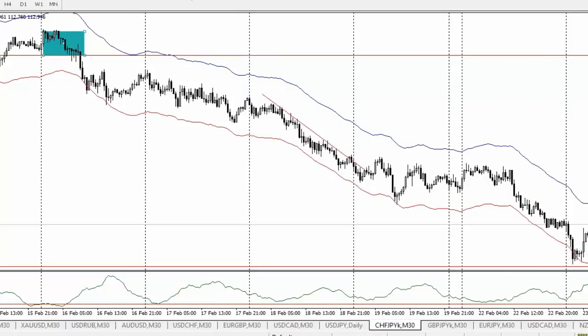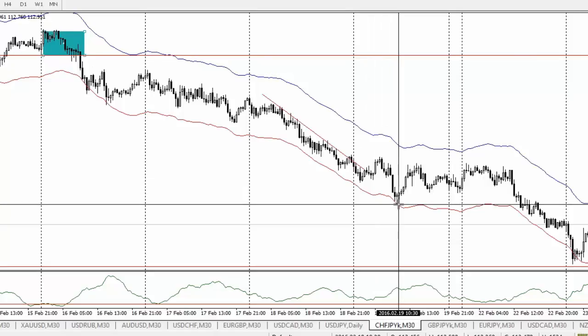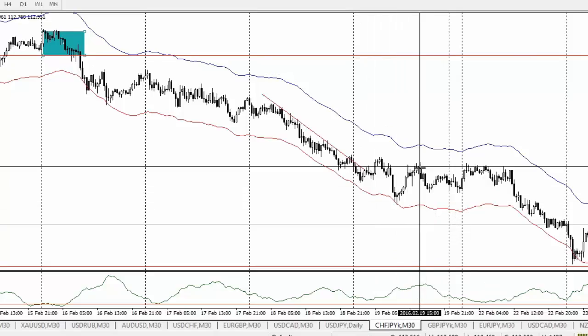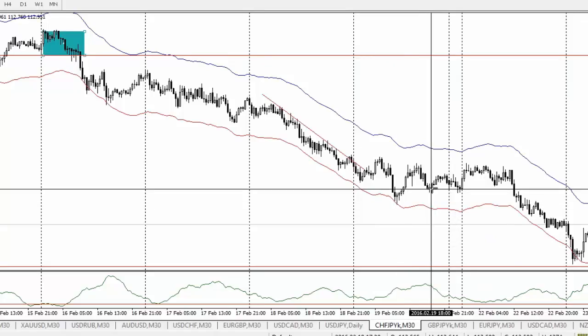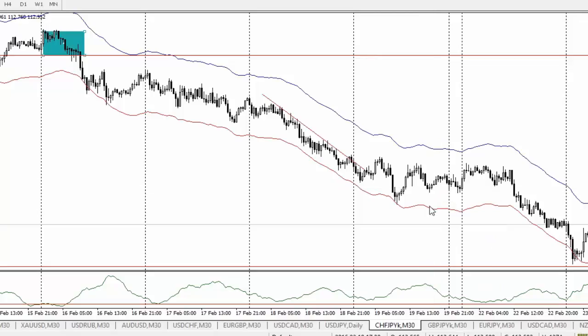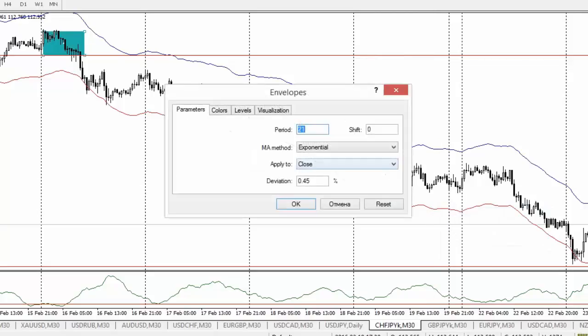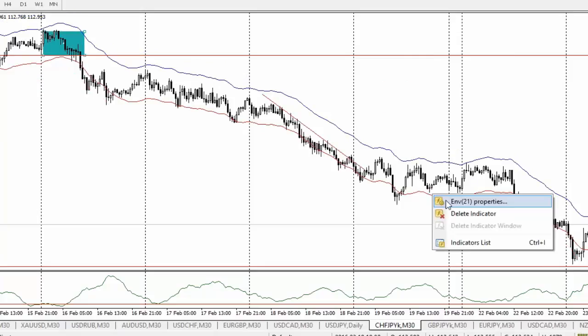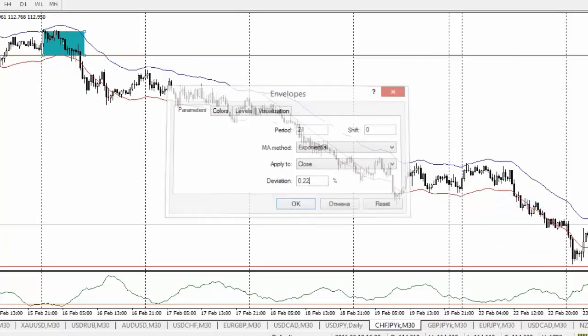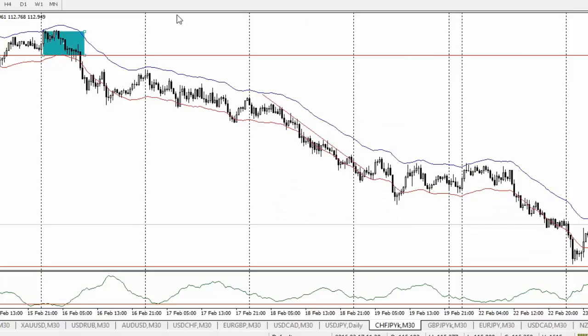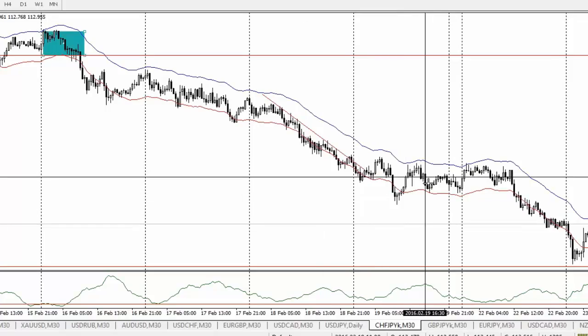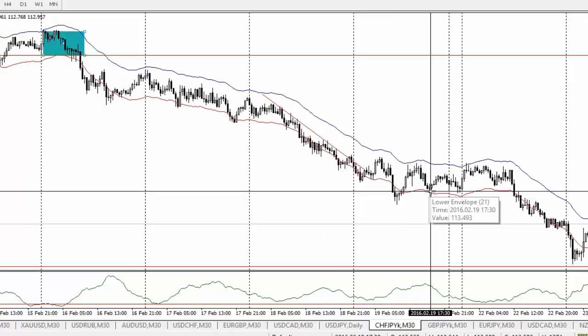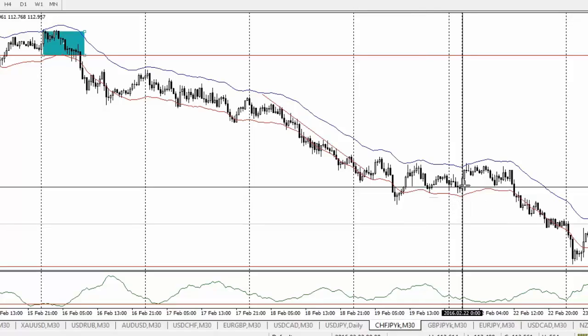Now I optimize this parameter, right? When the market becomes less volatile, for example, and it establishes a new low, I also change my parameter of deviation. I set it back to 25 or even less, 22, and you see how it works. Volatility becomes lower and the deviation also becomes lower.